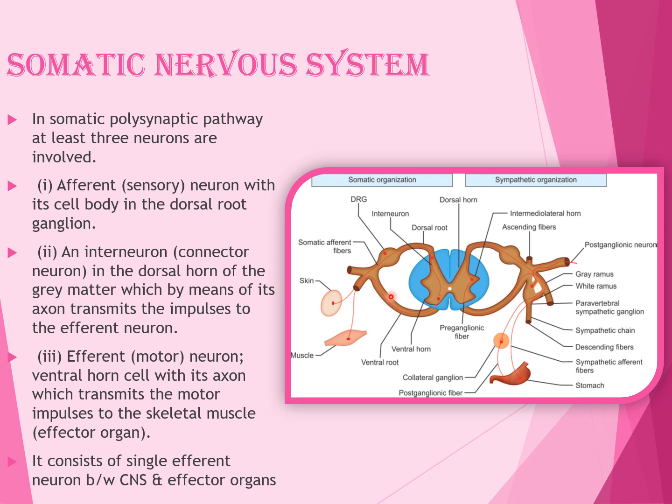So this one is an efferent neuron or motor neuron, with its axon which transmits the motor impulses to the effector organ or skeletal muscle. It consists of a single efferent neuron. So the somatic nervous system consists of only one motor neuron between the central nervous system and the effector organ.